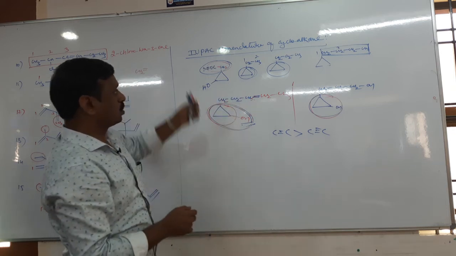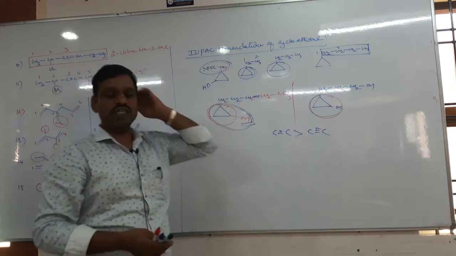Okay, write down. So IUPAC nomenclature, write the rules. First rule is selection of parent chain.